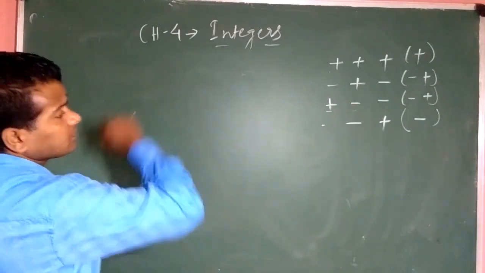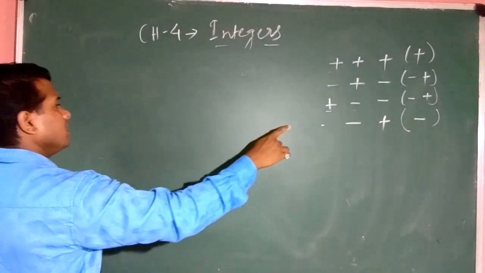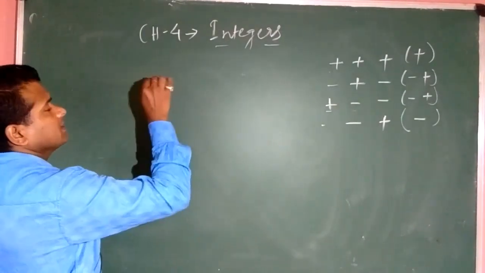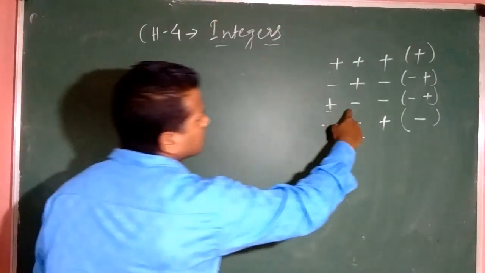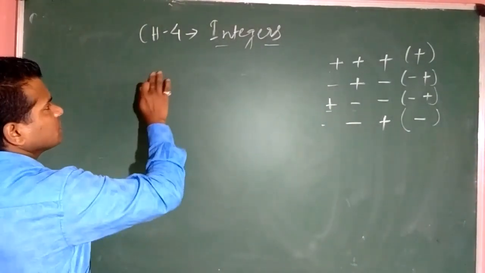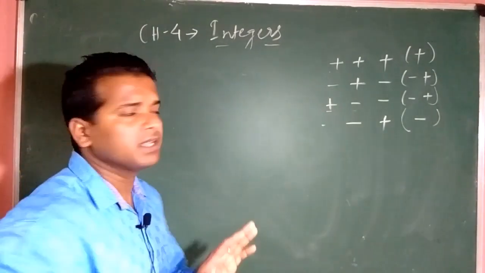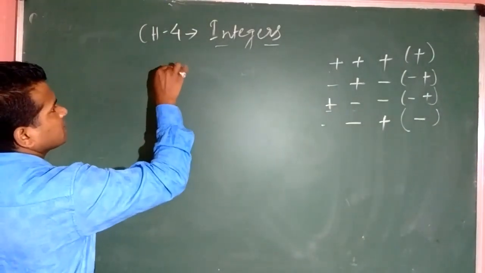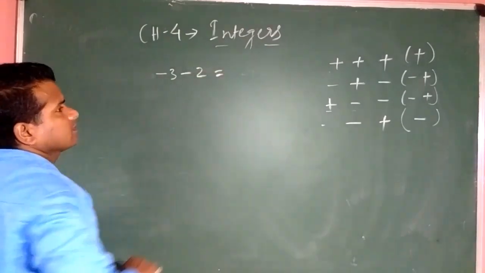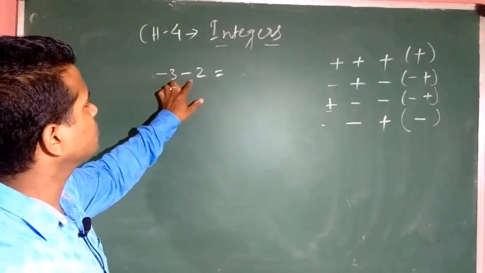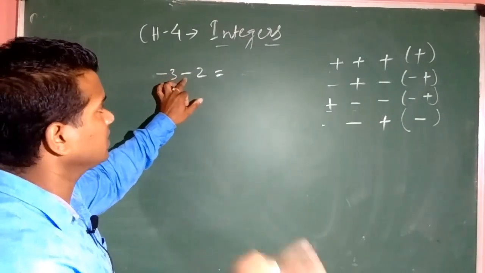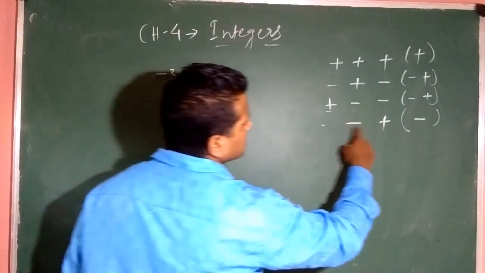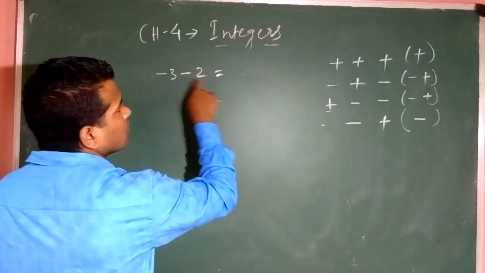Now, again, when you multiply, I hope you understood this one. Some questions you are going to get, what is integers you understood, right? Now some questions you are going to get like minus 3, minus 2. Minus 3, minus 2, so minus, minus, minus, minus plus, we will do plus.